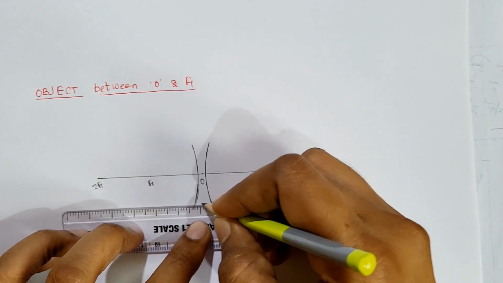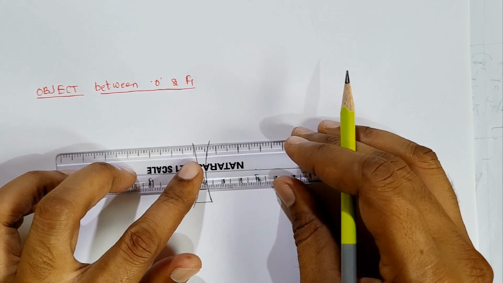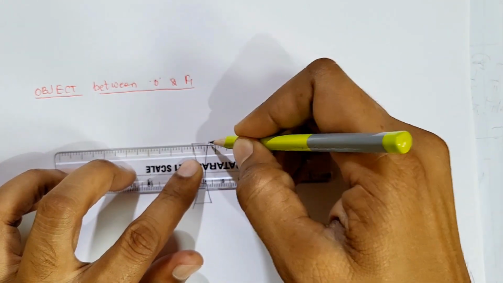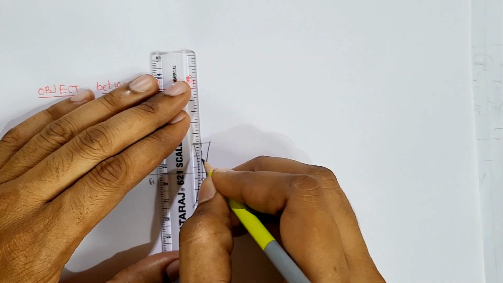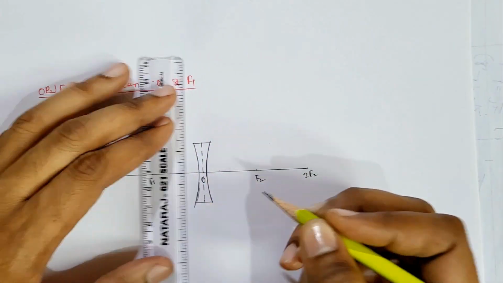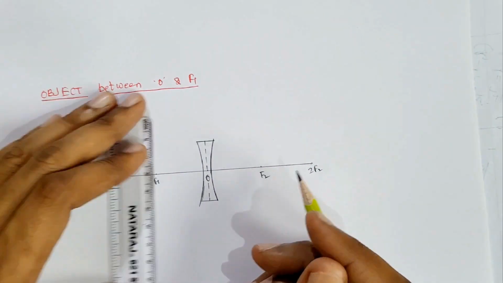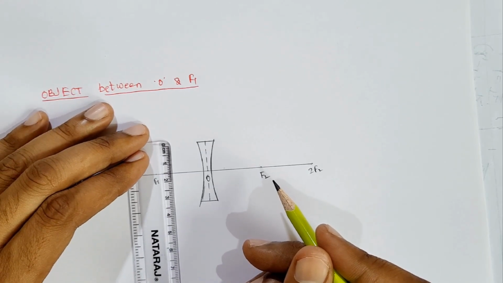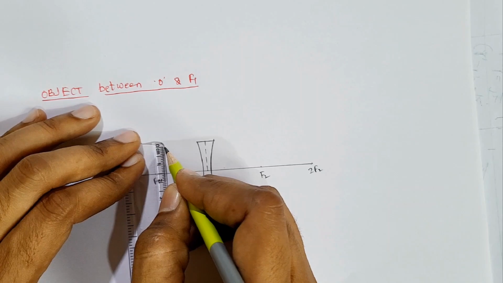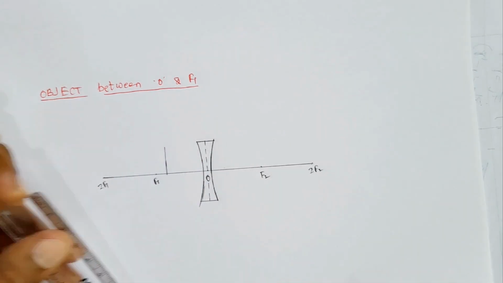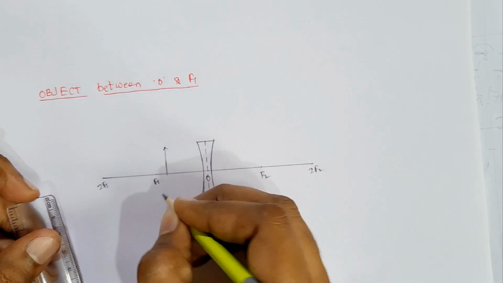Using a scale, you can close the arc. And draw the perpendicular line. Now what is my question? Take the object itself between optical center and F1. Here, take the object only. Where will the image be formed?